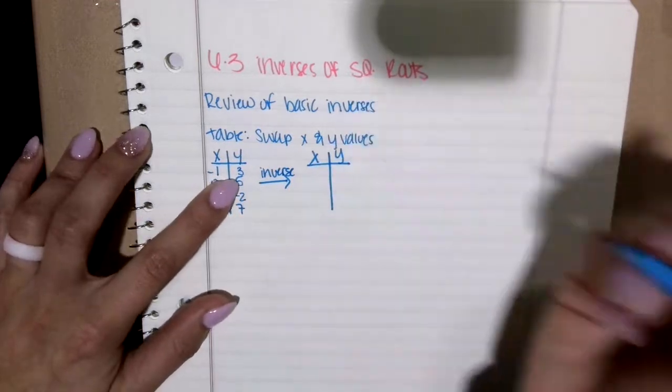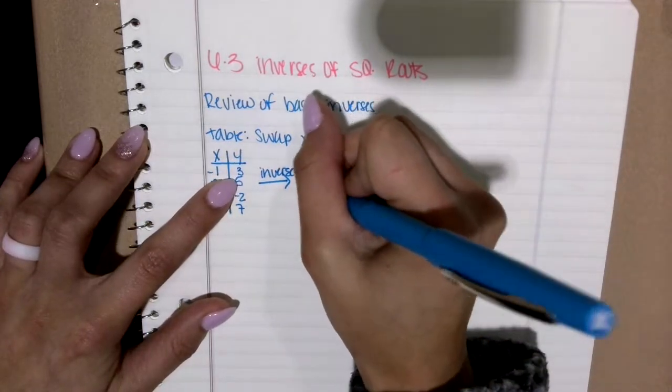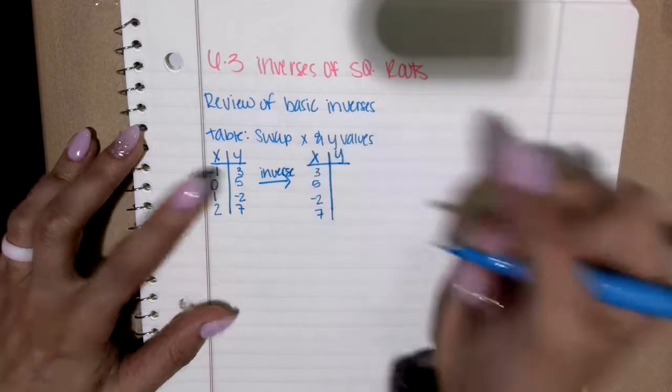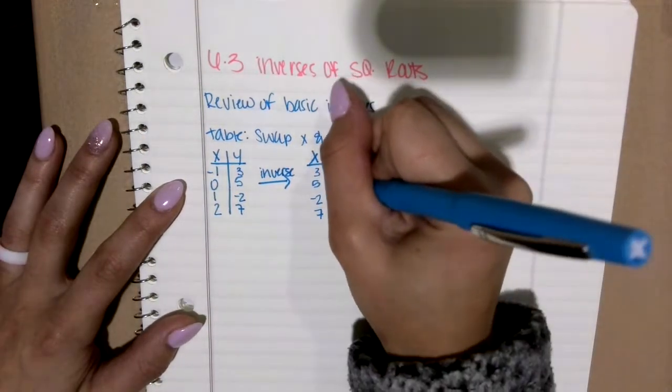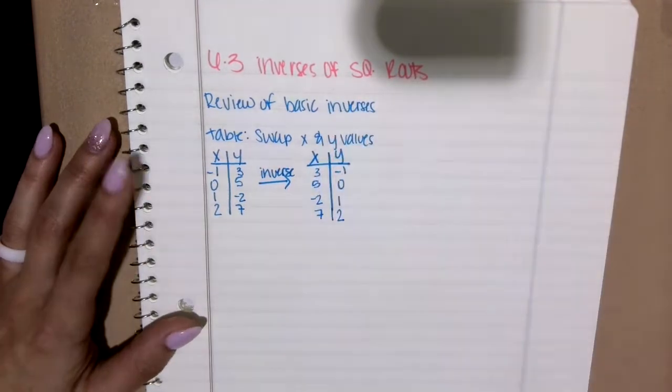So my new x values are 3, 5, -2, and 7. And the new y values are -1, 0, 1, and 2.